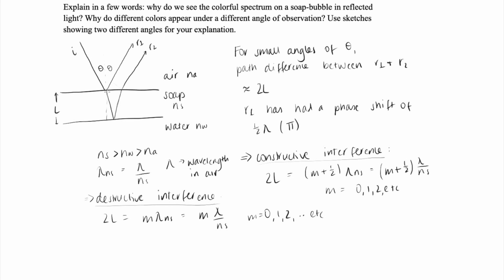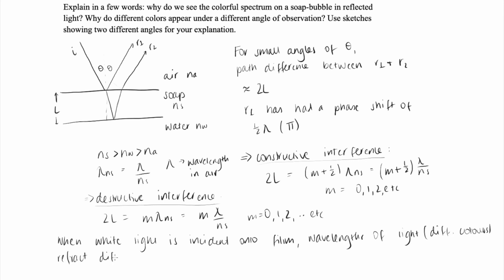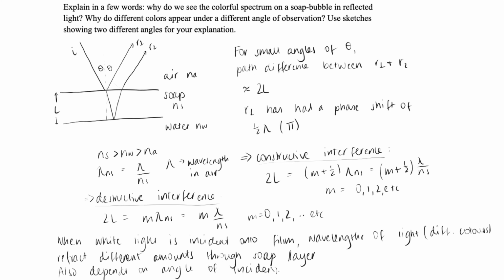So when white light comes in, the colours are all going to refract a different amount and it's going to spread it out. This is also dependent upon the angle of incidence. That's how you do this question.